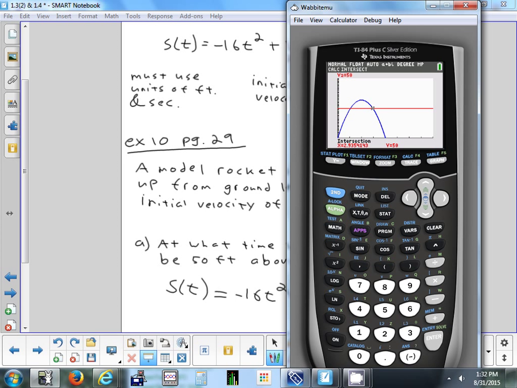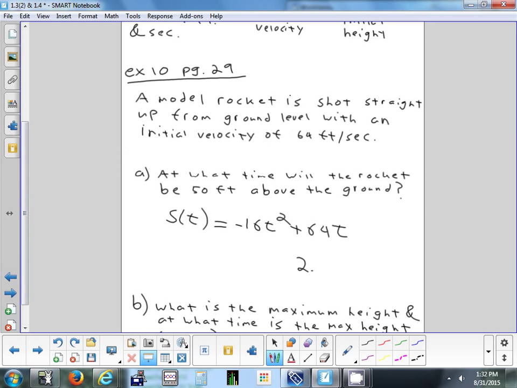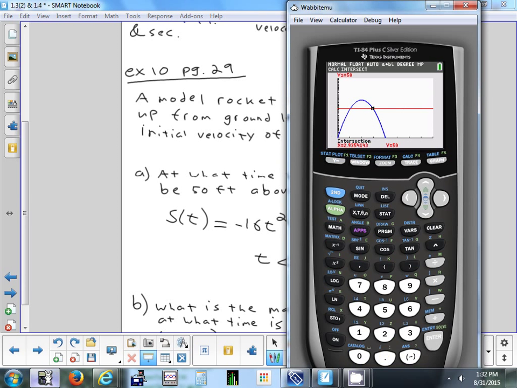So this rocket is going to, after 2.93 seconds, it's coming back down. It's going to go below 50 feet. Or 2.94. So the time has to be less than 2.94 seconds. Can't go past that, otherwise it drops below.